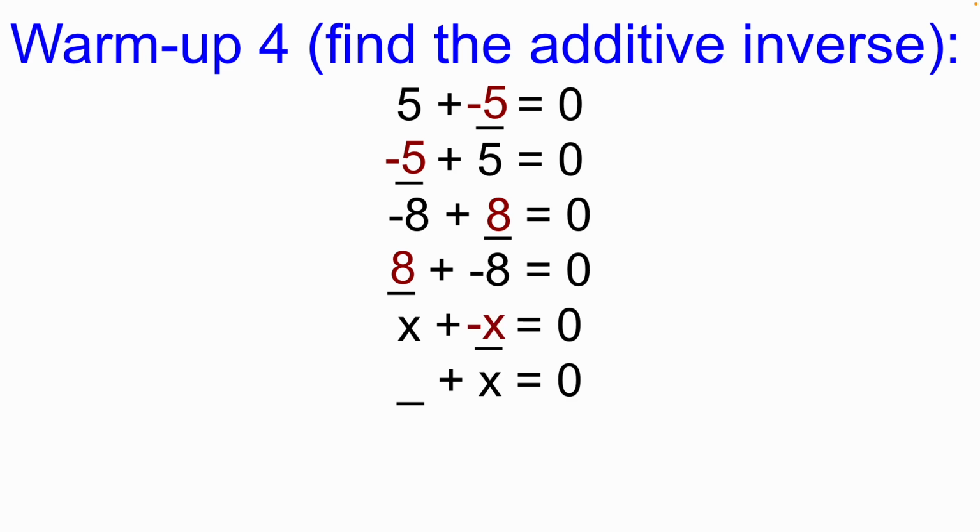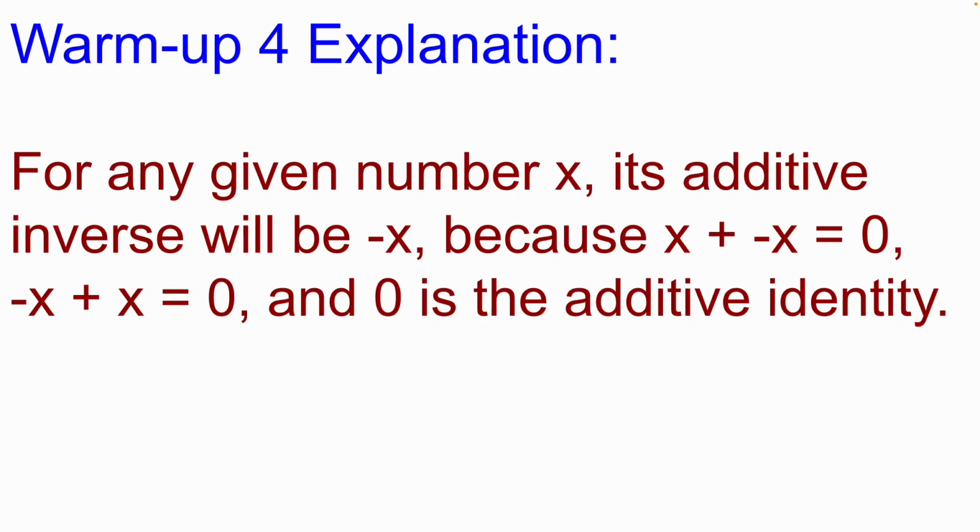Well, that would just be -x. So x and -x are inverses as well. For any given number x, its additive inverse will be -x, because x plus -x equals 0, and -x plus x equals 0, and 0 is the additive identity.